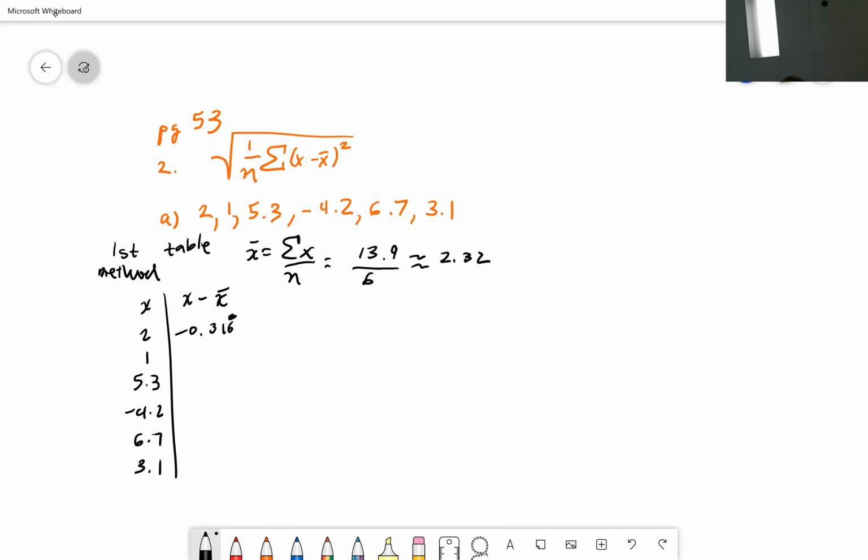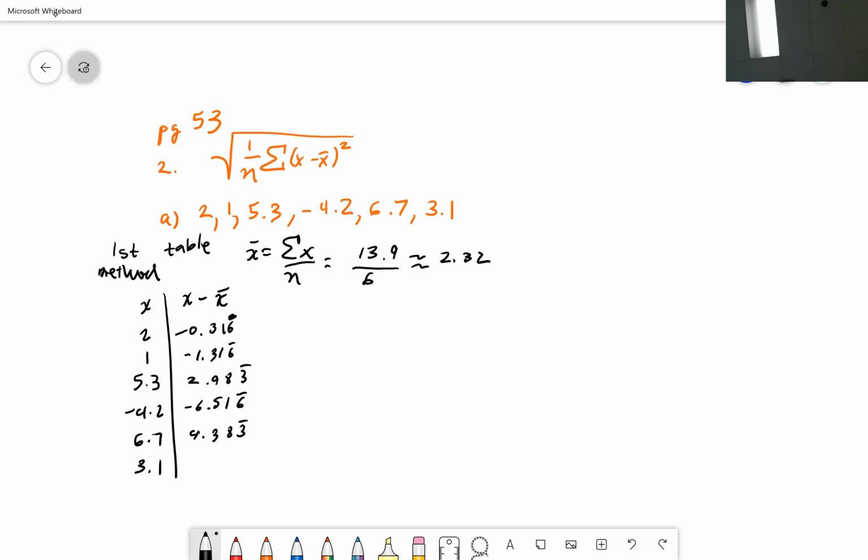And then you do 1 minus this, -1.316. 5.3 minus this, and you get 2.983. -4.2 minus this, and that's -6.516. 6.7 minus this, and that's 4.383.